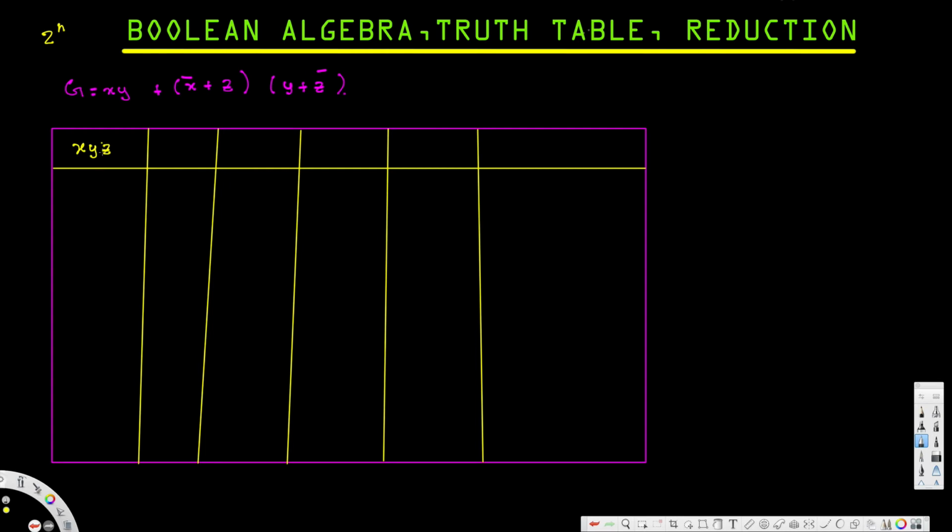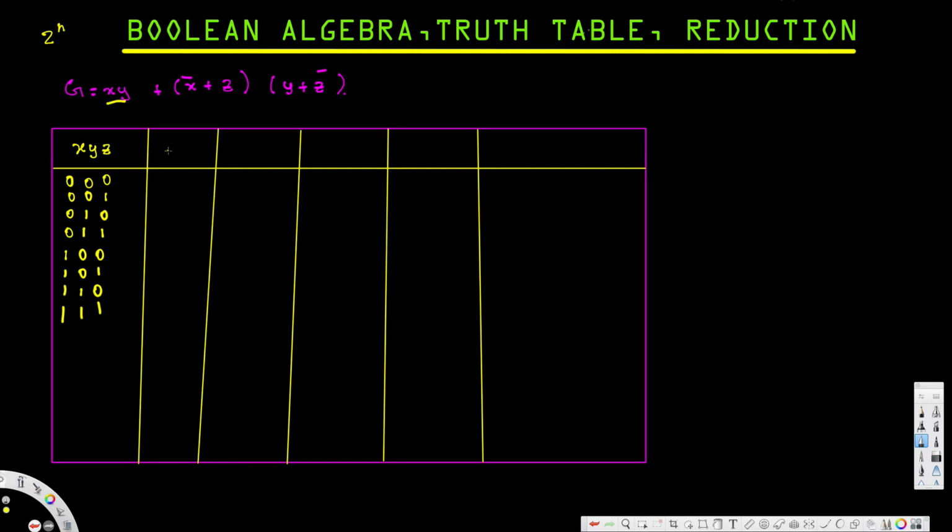The easy way to write the combinations is to just write 0 1 0 1 0 1 0 1. Make sure you get 8 numbers, and after that it's going to go like 0 0 1 1 0 0 1 1, and the last term will go like 0 0 0 0 1 1 1 1.